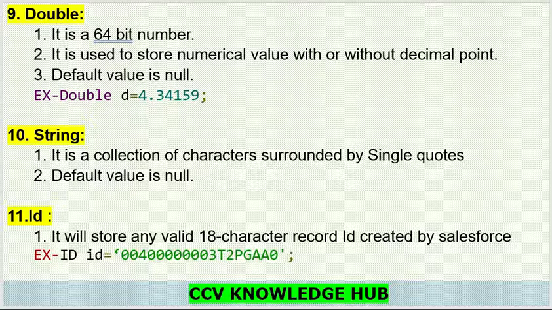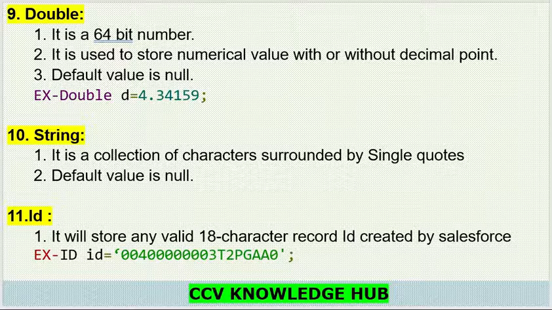Next one is Double. It is a 64-bit number, used to store numerical values with or without decimal points. The default value is null, and the example is Double d, where d is my variable, and the number I'm saving is 3.14159. So this is the precision number.